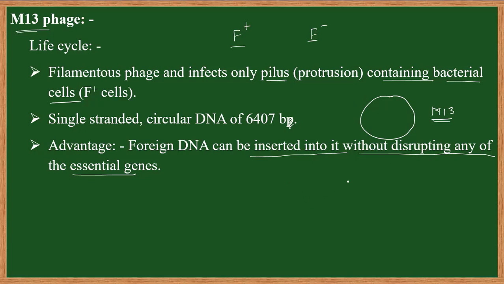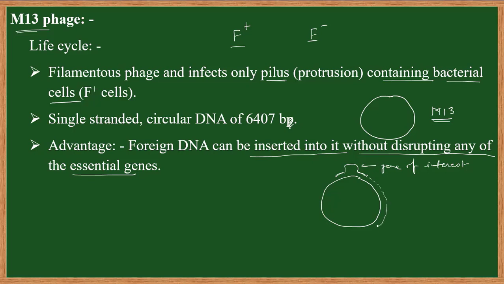How? So suppose this one is a single stranded vector. So here are these two complementary sequences and here is our desired gene. So this one is the gene of interest. Okay, so after infecting the host cell, this one converts into the replicative form.